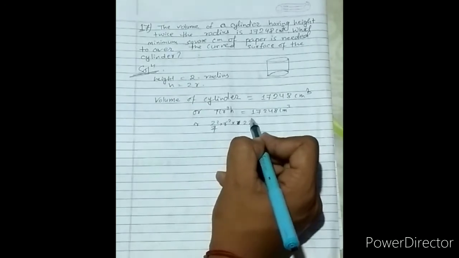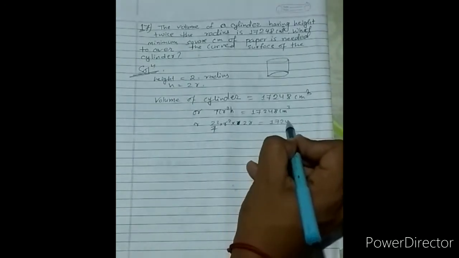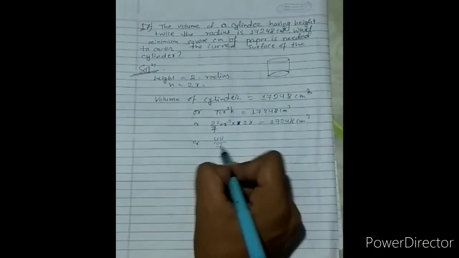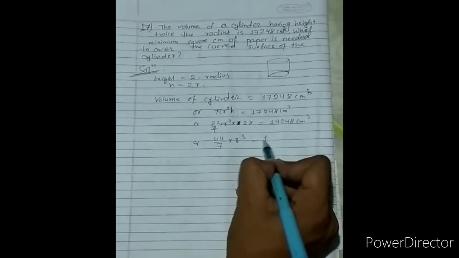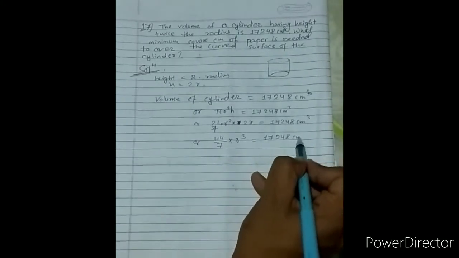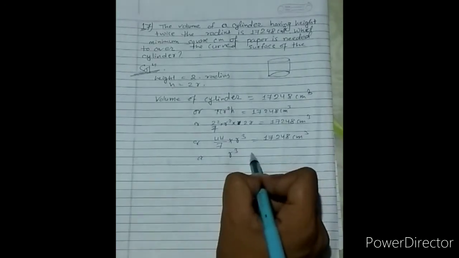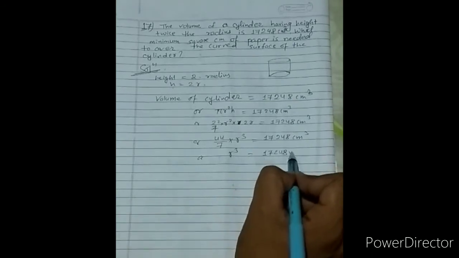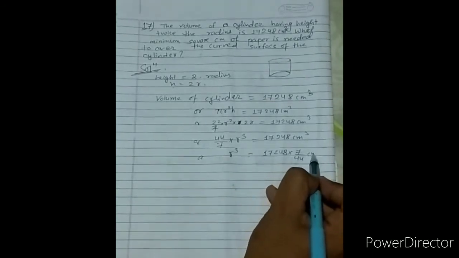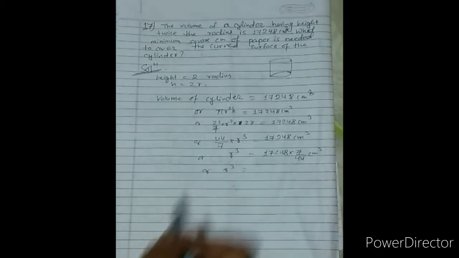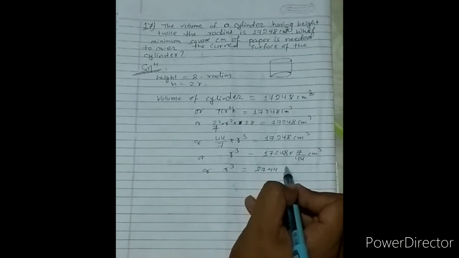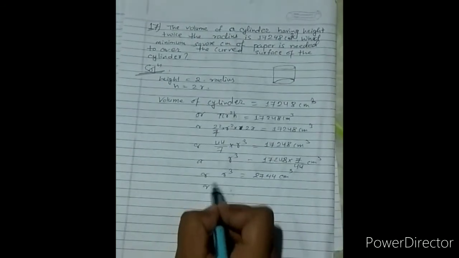Pi r square into 2r equals 17,248 centimeter cube. Now 22 by 7 into 2 is 44 by 7, into r cube equals 17,248 centimeter cube. R cube equals 17,248 into 7 by 44. What will be the product of these two? 2744 centimeter cube. So what is the cube root of this?